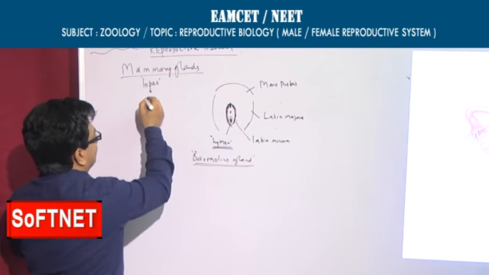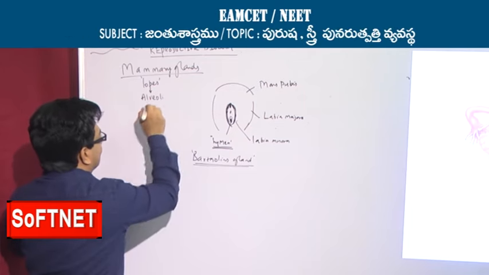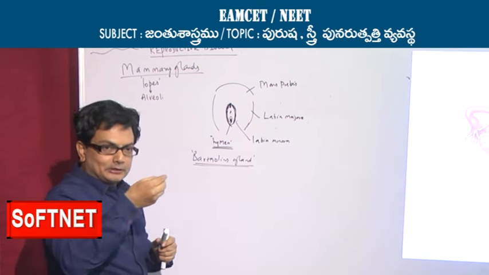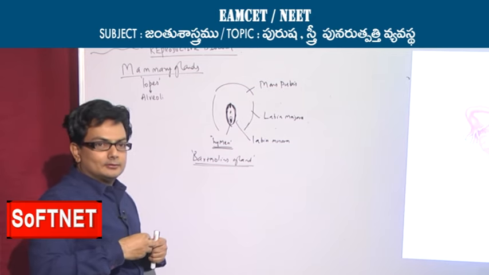The lobes will have alveoli. I think this is the site where the epithelial cells are present to make the milk in a female.